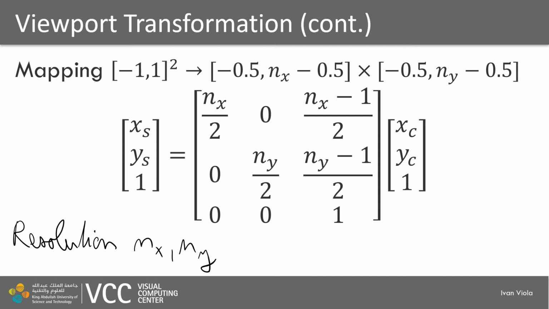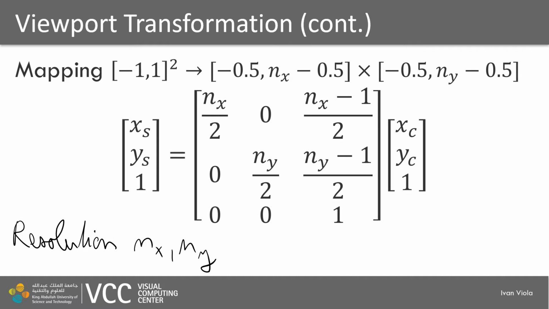But actually we want the -1, the very border, to be at -0.5. You remember the pixel center would be starting at 0, but its associated area will be going to the value 0 minus 0.5. So therefore, -1 is mapped to -0.5, and 1 is mapped to nx minus 0.5.